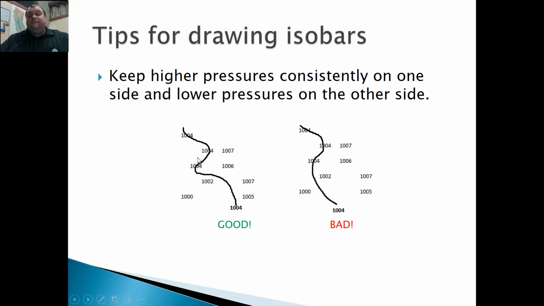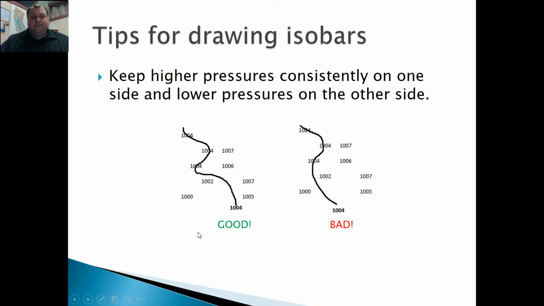And if you take a look, everything to the right of it is higher. You have 1005, 1007, 1006. Meanwhile, everything on the other side, on the left, is lower. 1002, 1000. This would actually be another isobar, but that's another story.